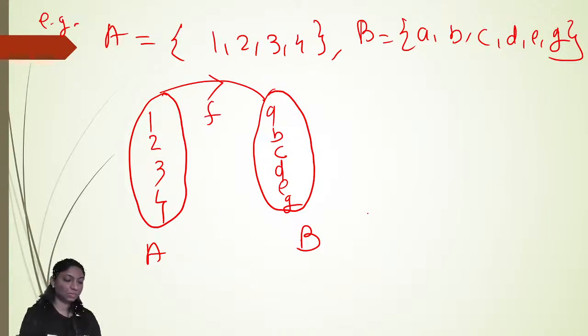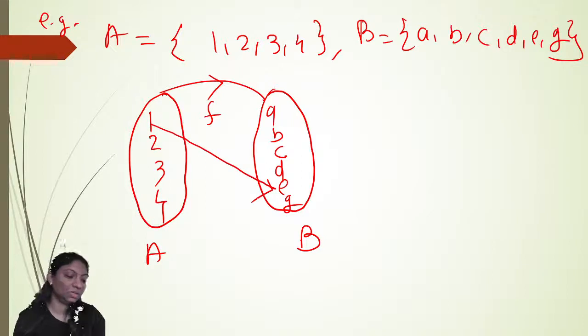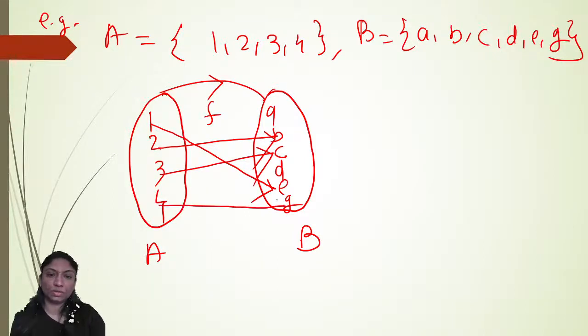So this is your set B. As f is one one, you will get images defined: 1 to e, 2 to b, 3 to c, and 4 to g, right?